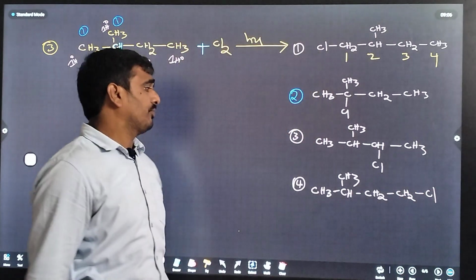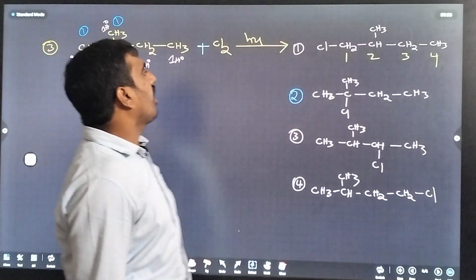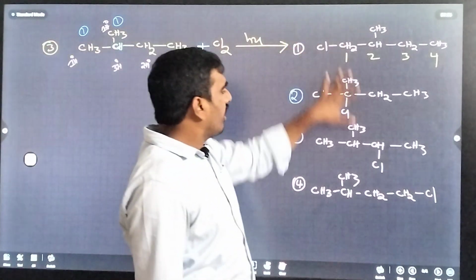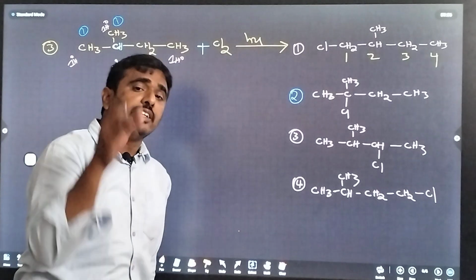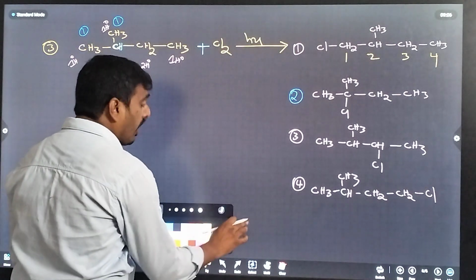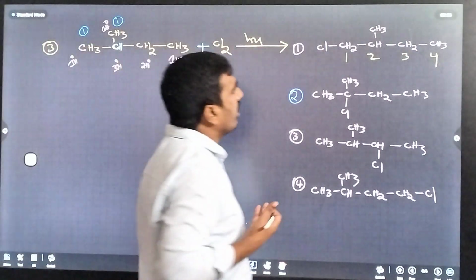So this is 1 chloro 3 methyl butane. So 4 products are obtained. So how many isomers are possible? 4 isomers are possible. Including stereoisomers, the examiner is asking how many isomers are possible?